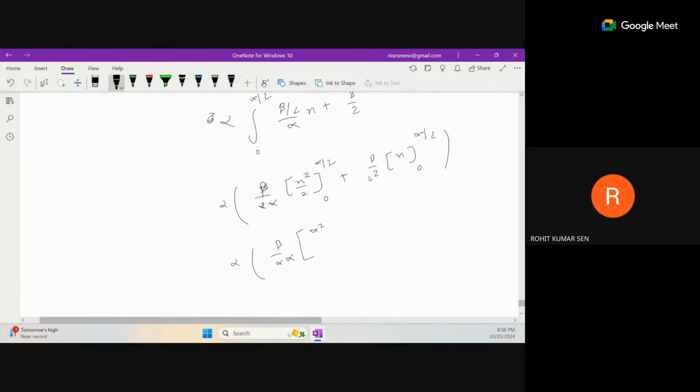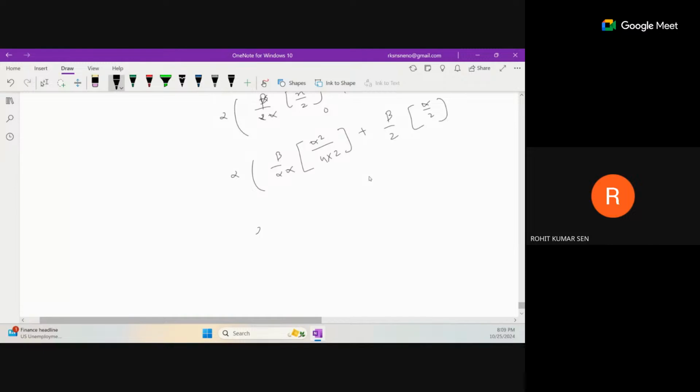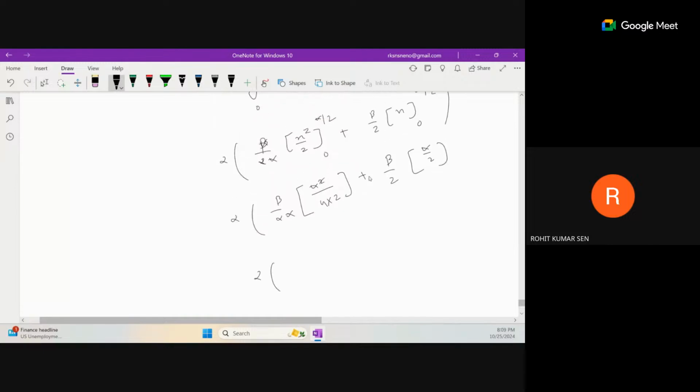It is going to be alpha square by 4 into 2 plus beta by 2 into alpha by 2, right? 1 alpha and 1 alpha are going to be cancelled, and you will get alpha beta by 16 plus alpha beta by 4.